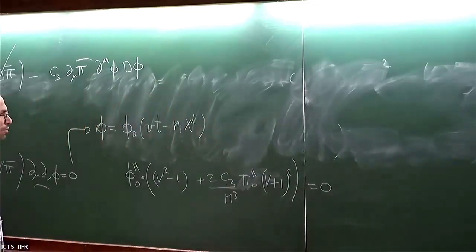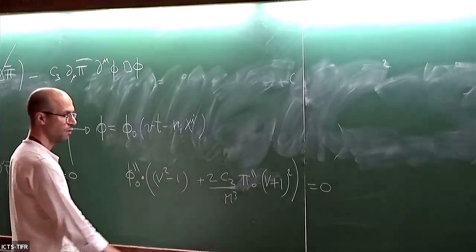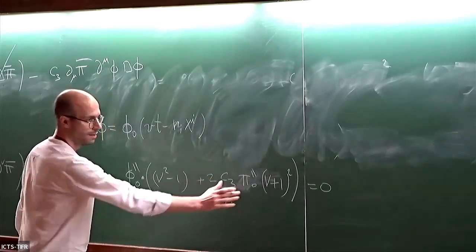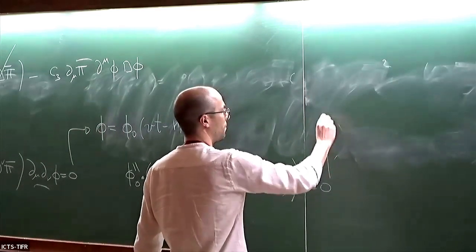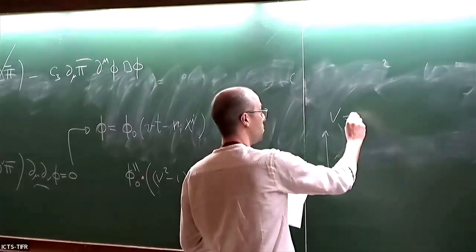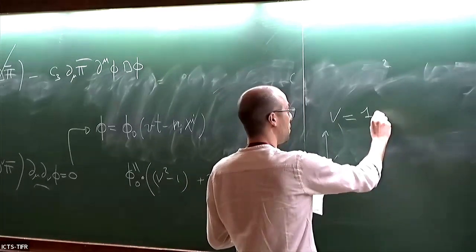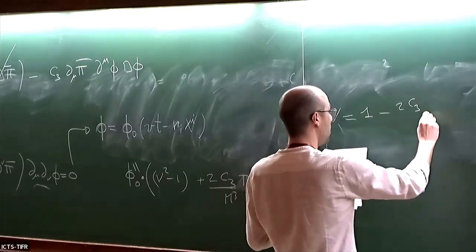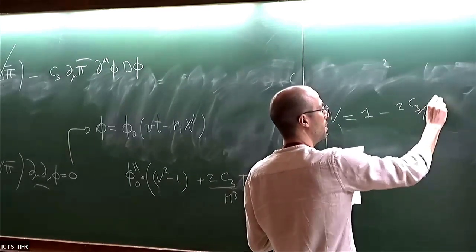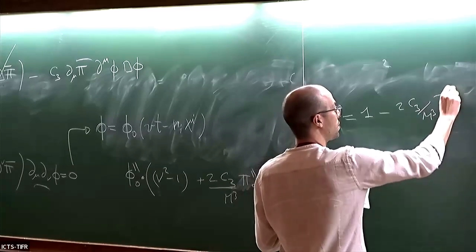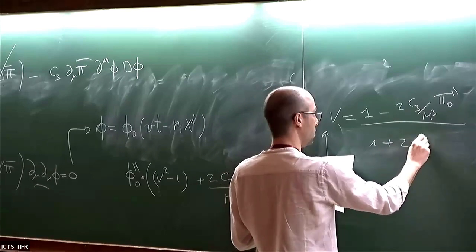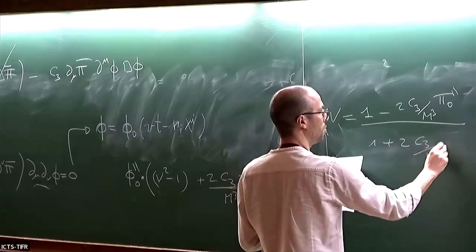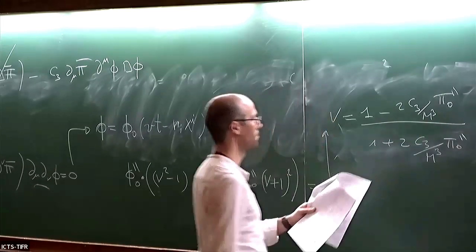So there is a non-trivial solution. If this wasn't there, the solution would be v equal 1. This one is there, so there's another solution, which is v equal 1 minus 2c3 over m cubed pi 0 second prime, over 1 plus 2c3 m cubed pi 0 second prime.